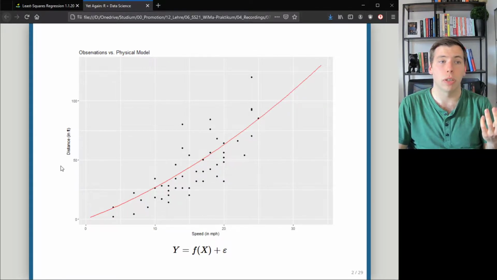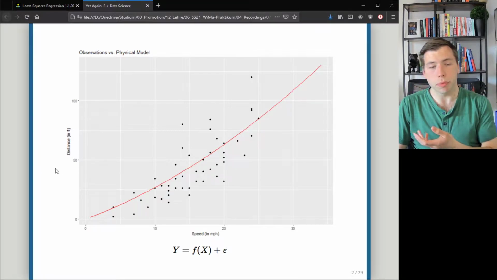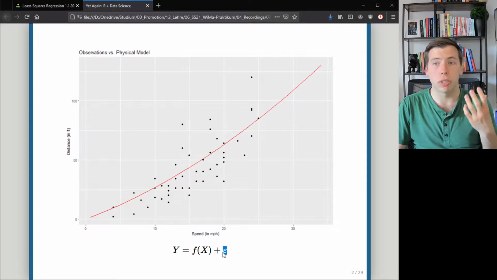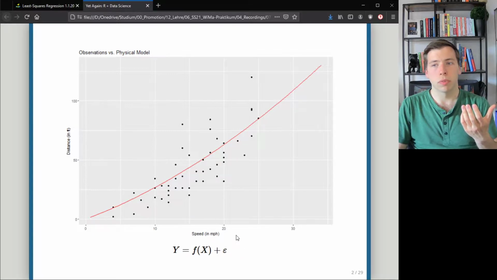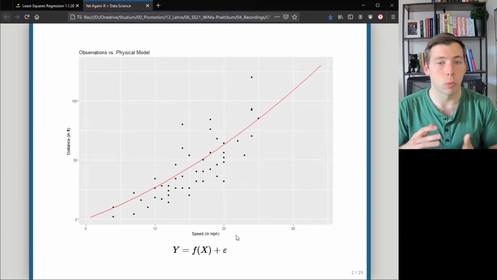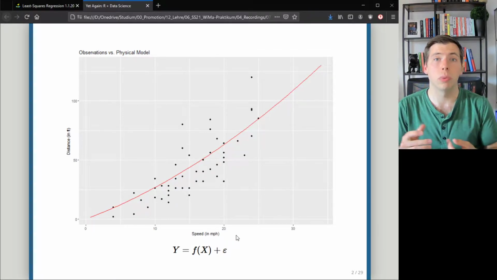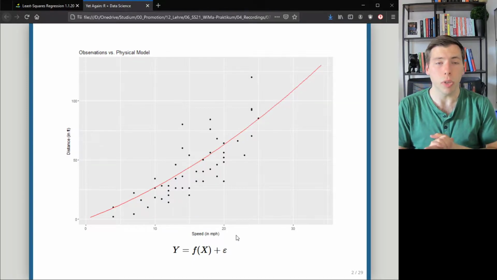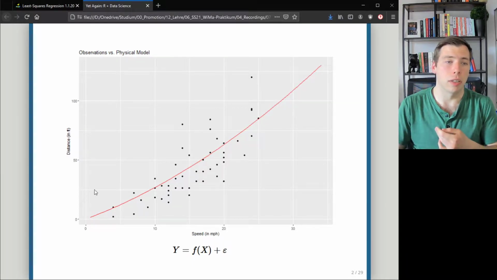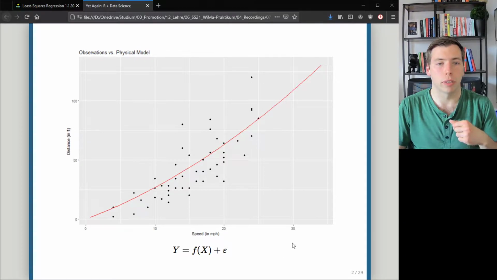So we always try to describe the response via a predictor and the random fluctuation, the epsilon here, which is a random quantity called the residual. These are the key quantities we try to look at when we work with models. And here the model looked like the red function.